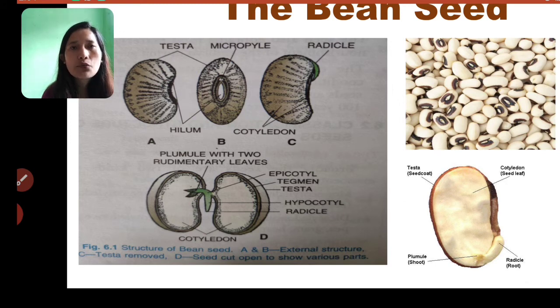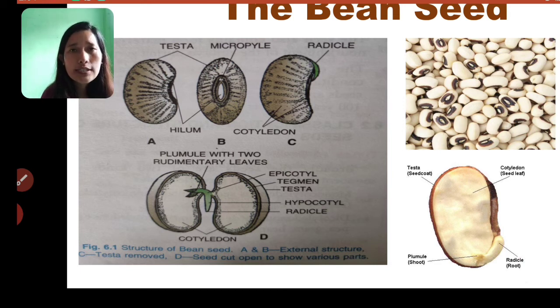It's the region from where your pollen tube is going to connect with the ovule. After fertilization takes place and the seed is formed, this micropyle acts as a region through which water seeps inside the seed. Okay, so those were the external structures.